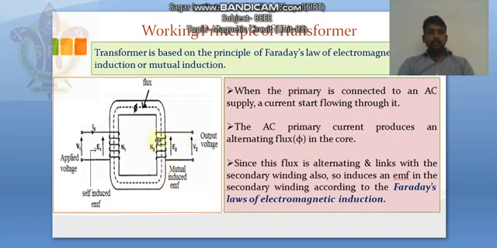So due to mutual induction, a flux, let's suppose it may be phi2, is linked with this coil, which is called the secondary coil, which has number of turns N2. So flux induced in this secondary coil is, suppose, phi2, and it is linked in this coil due to mutual induction.